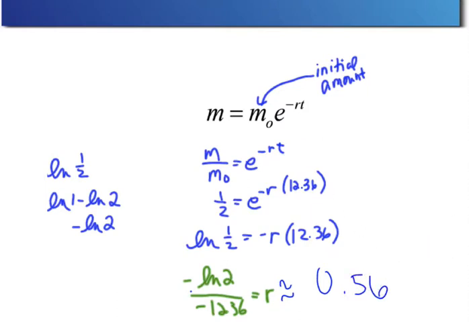Nope, try it again. It is 0.056 approximately. So we're going to work with that because what we're doing right now is approximating. I don't think we could get much more exact than that.